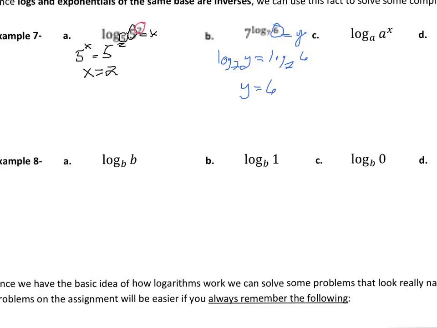Well, to put it in logarithm form, I have log base 7 of y equals the exponent. So since my exponent was log base 7 of 6, that's right here. And then if log base 7 of y equals log base 7 of 6, then y, like you said, has to equal 6. Does that make more sense?